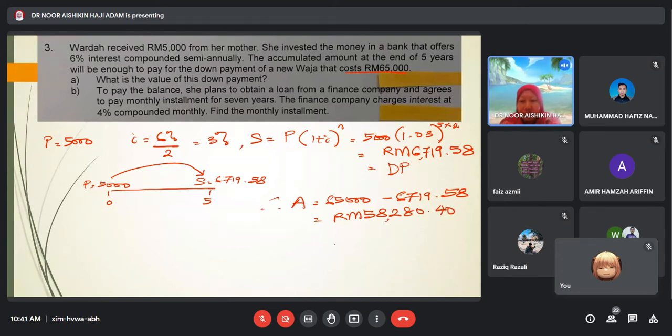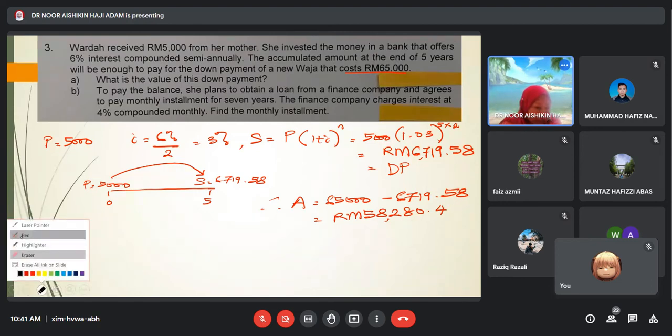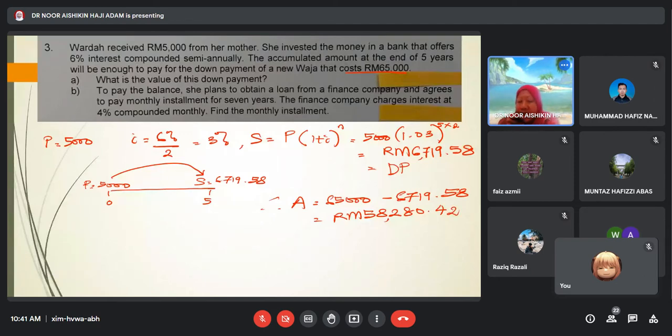Betul? Saya dapat 42 sen. Sepatutnya 42 lah kan sebab ni 0.58 kan? 2 sen pun kita ambil kira, okay? 0.42.